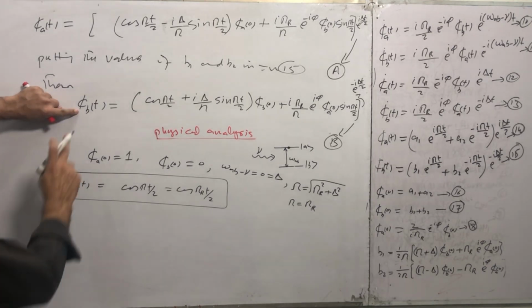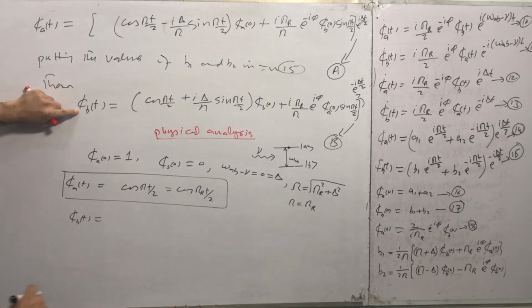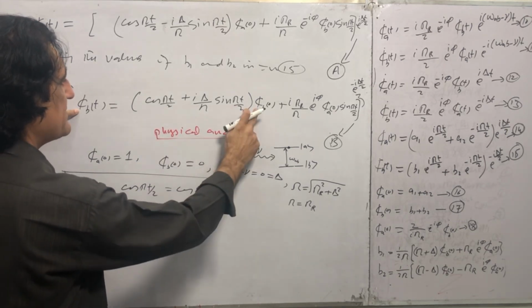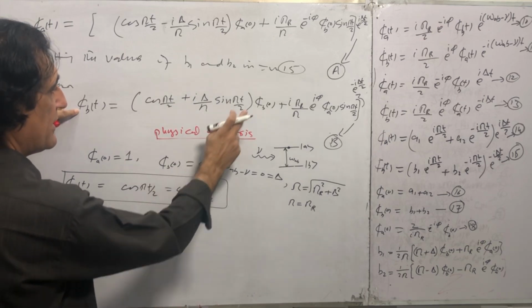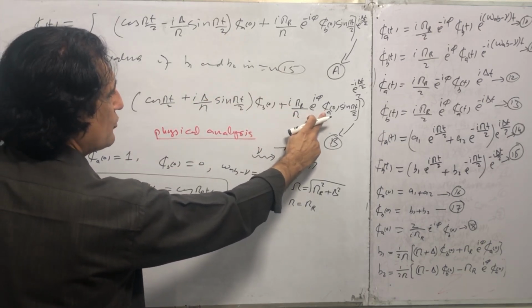And what about Cb of t? This term will be equal to 0 because Cb of 0 is equal to 0, so this will be cancelled out. And here, this is equal to 1.